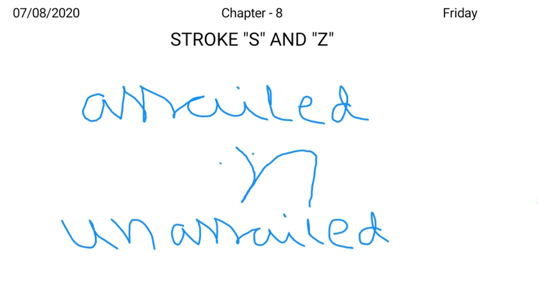So assailed is the root word, unassailed is the derivative word. In the root word assailed, we have made use of stroke S, and that should be retained in the derivative word also. So you have to write N, stroke S, L, and D for unassailed. If you use a circle instead of the stroke, what happens? You will read it as unsold. It will not be read as unassailed.